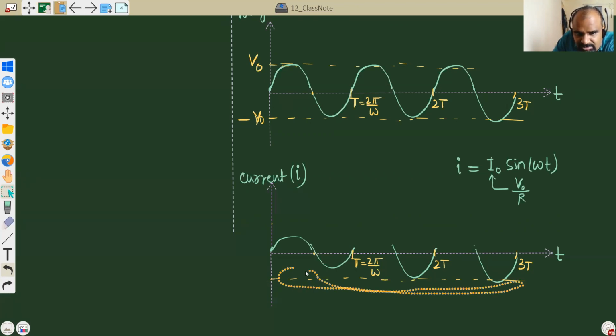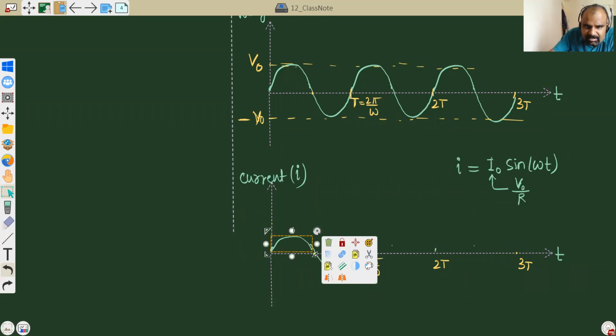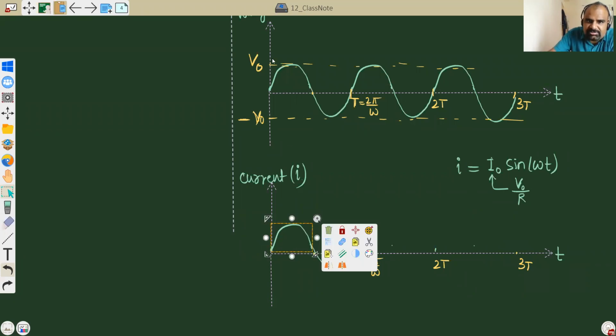And I want to delete this part also. Yes. So for voltage, it was up to this, you see.